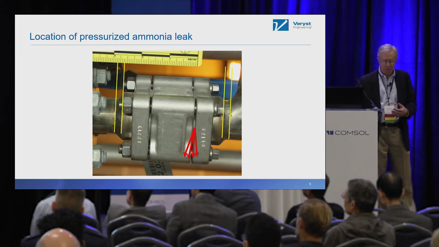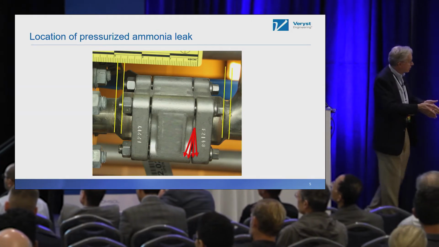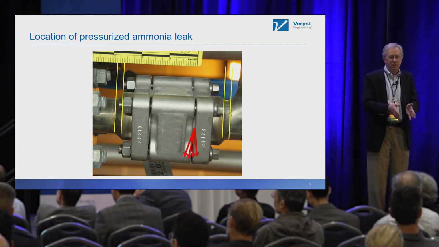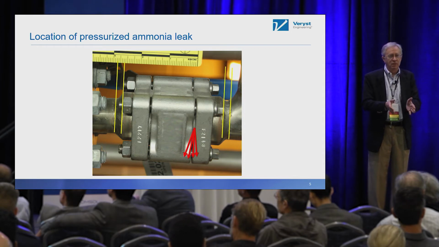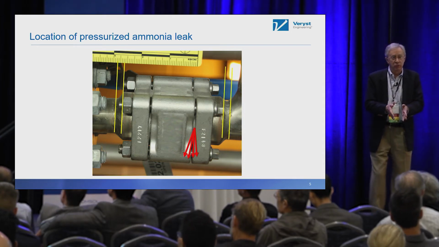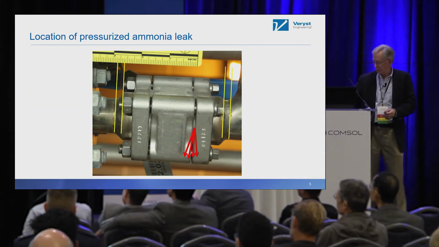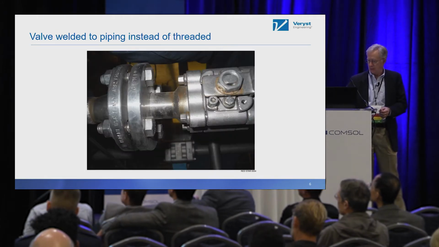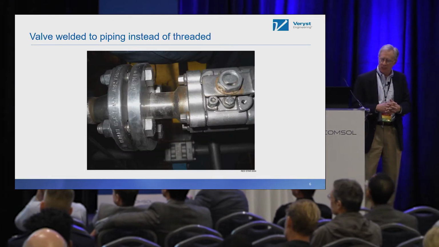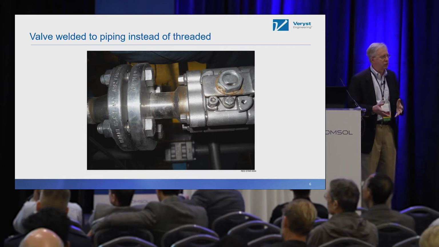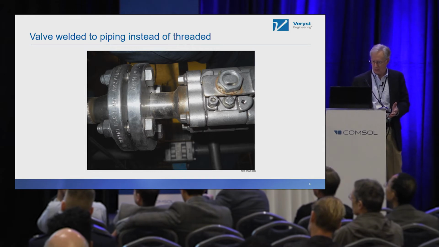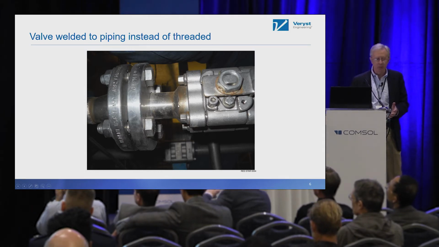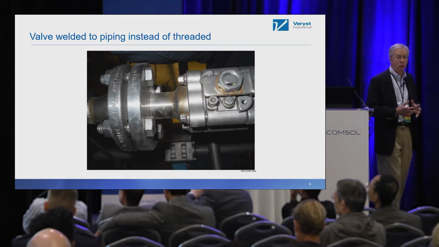So this is just another picture of the valve indicating a center section and 2 end caps. The ball valve sat in the center, the end caps closed it off, and there were gaskets which sat between those 2 pieces. What's a little non-standard associated with this valve construction is that it had a connection which, instead of being threaded, was actually welded.